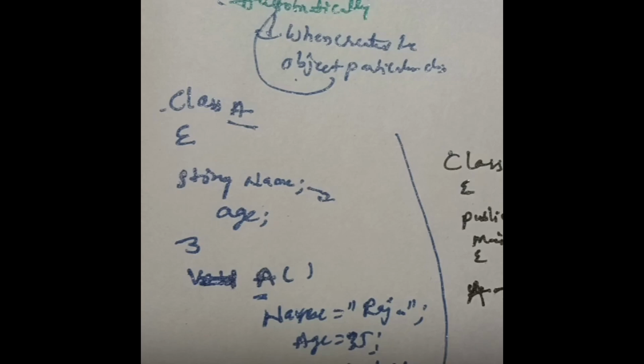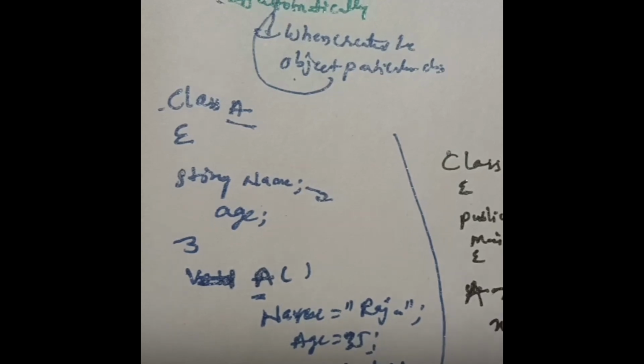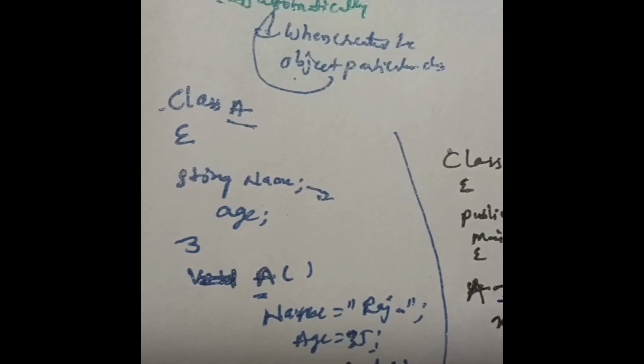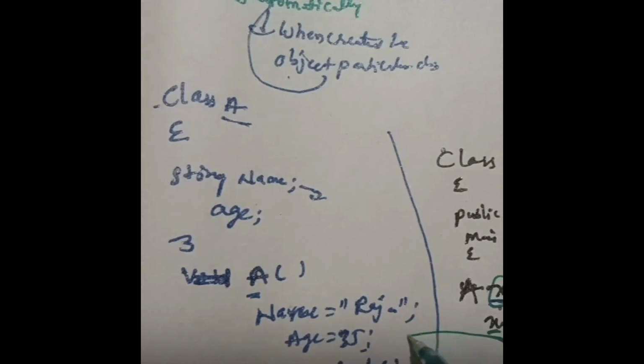Now again we call the method: x dot, object name dot method name. Talk is our method name. Whenever this x object is created, now we call the method. To call the method we use object name and method name. Whenever we call this method, the compiler directly goes to the method.